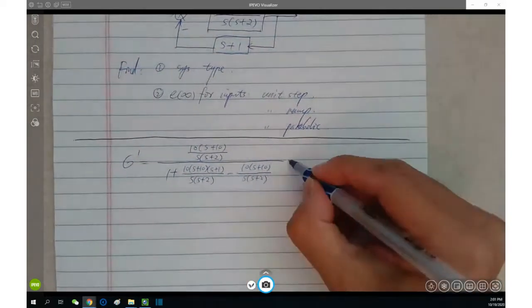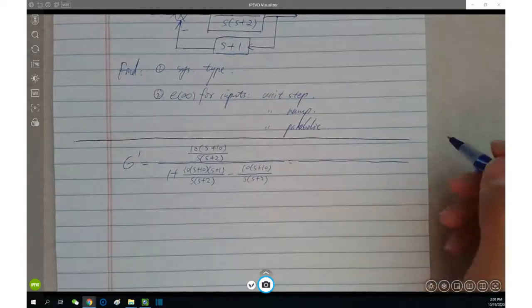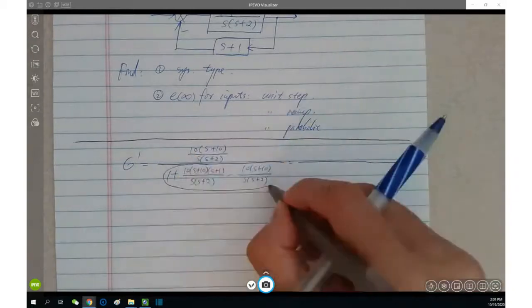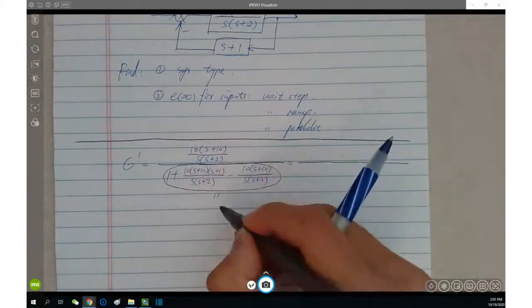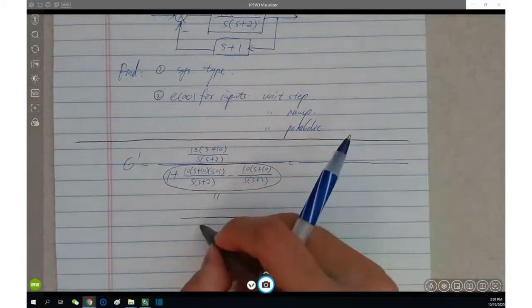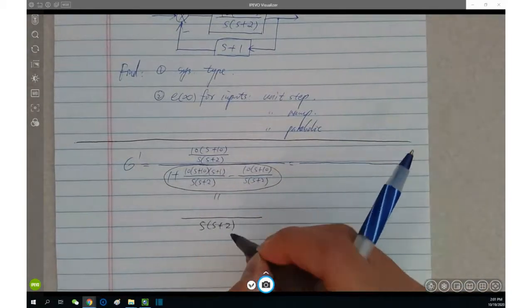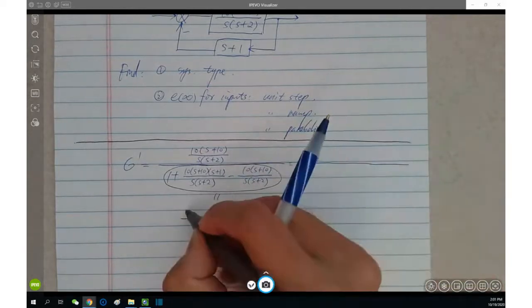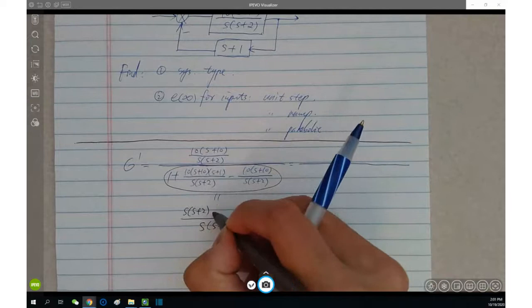So what we need to do is once again make the denominator become a single big fraction. So denominator obviously s times s plus 2. Numerator, you need to be patient and careful.